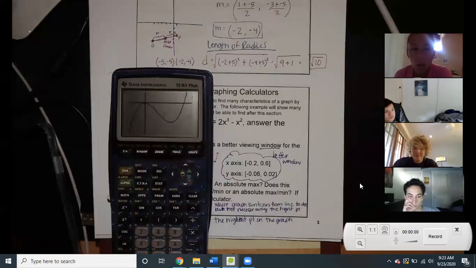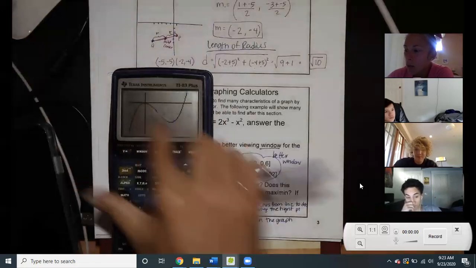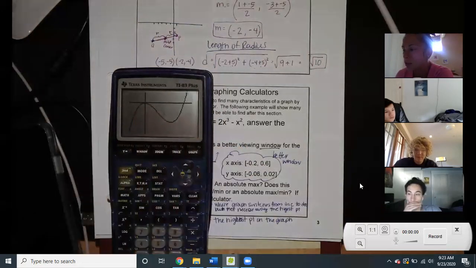Now, once we got that window, we can see that there are relative max and mins on this function. So what did we say a relative max was? Can somebody tell me what a relative versus an absolute max is?